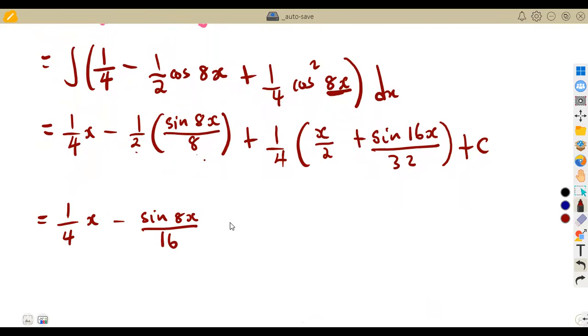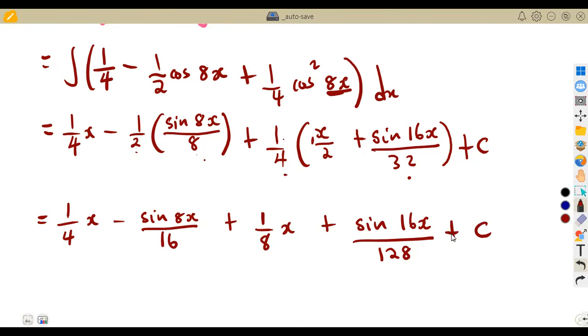Then we multiply plus 1 over 4 times 1 over 2, which is 1 over 8x. Right here, we multiply 1 times sine 16x. It is going to be sine 16x over 4 times 32. If we multiply 4 and 32, we are going to get 128. So that's 128, okay? Plus the constant of integration.